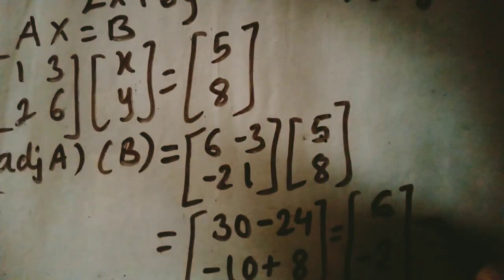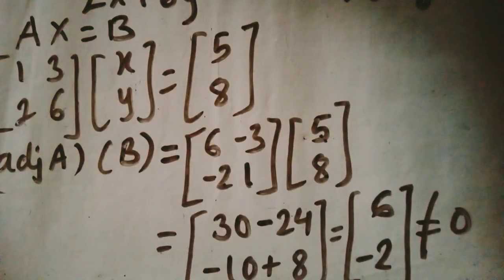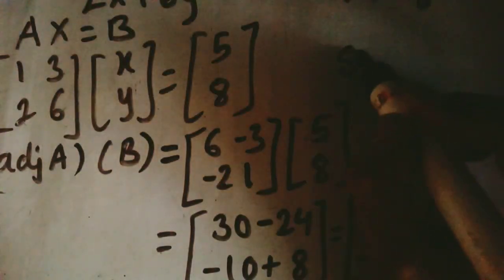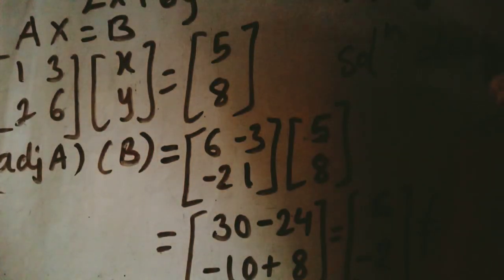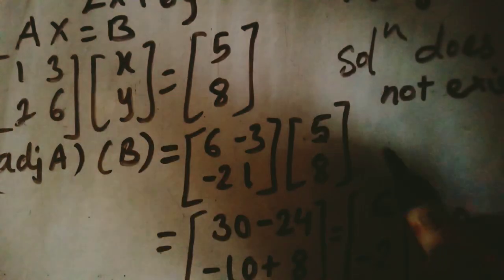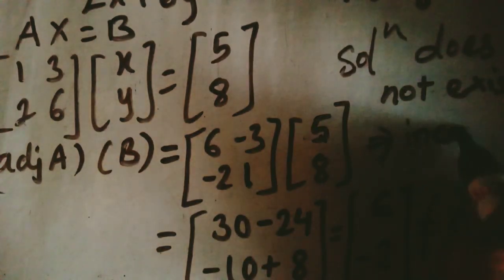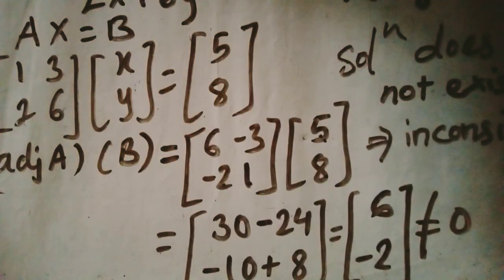Since the adjoint of A into B is not equal to 0, the solution does not exist, which implies it is inconsistent.